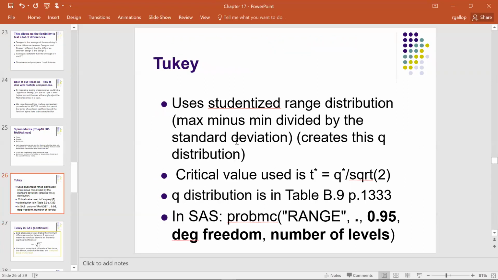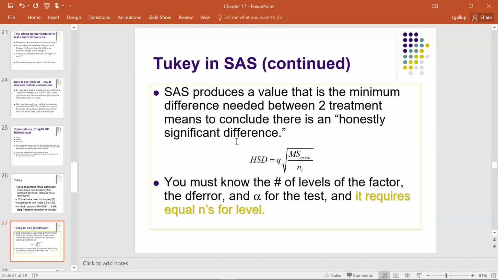The Tukey uses the studentized range distribution. It's called the Q distribution in the textbook. If you look at page 1333 in the full book, again, I've focused you on the portions of the book when we go through the syllabus. In SAS, this Q distribution is accessed through the PROBMC function. The Tukey tries to create the honestly significant difference.